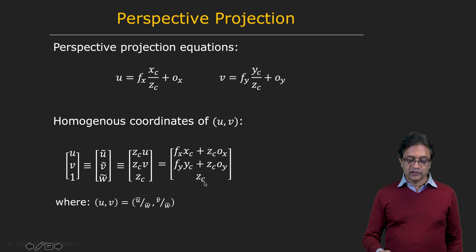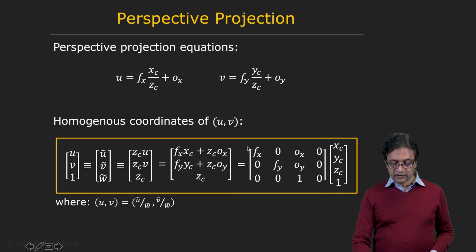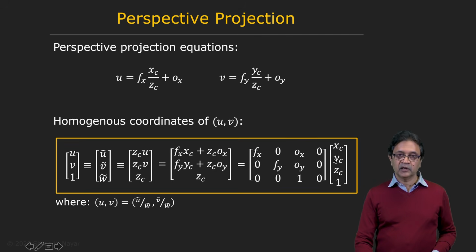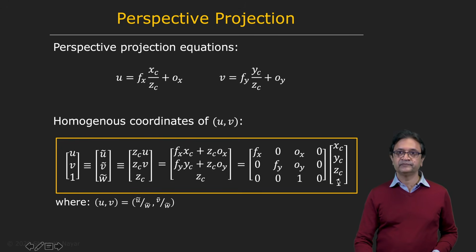The reason we do this is because now we can further simplify this by using a matrix. And that matrix is this one right here, a 3x4 matrix that includes all the internal parameters of the camera: fx, fy, ox, and oy, multiplied by the homogeneous coordinates of the three-dimensional point defined in the camera coordinate frame, xc, yc, and zc.